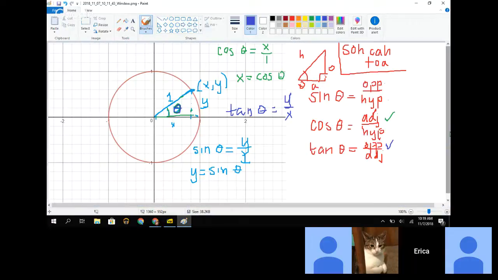But wait, there's more. Then, we'll go Christmas colors, we'll go opposite. So each of these sine, cosine, and tangent functions has a reciprocal function, of course.